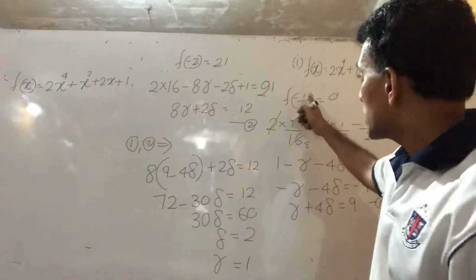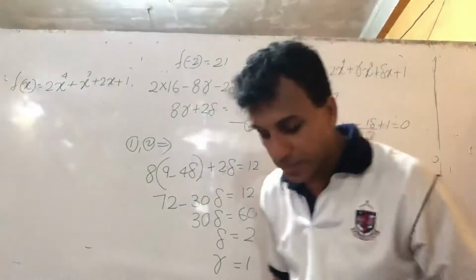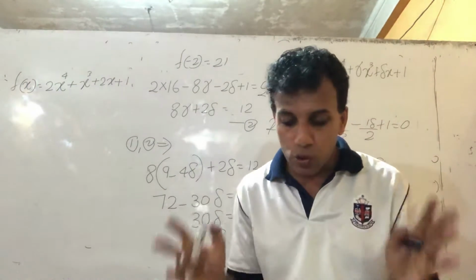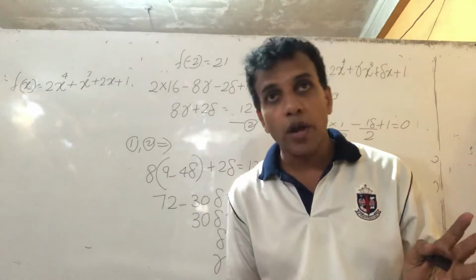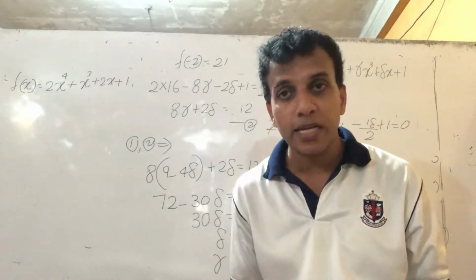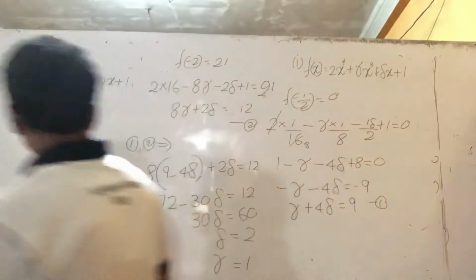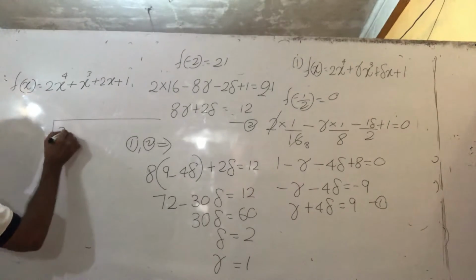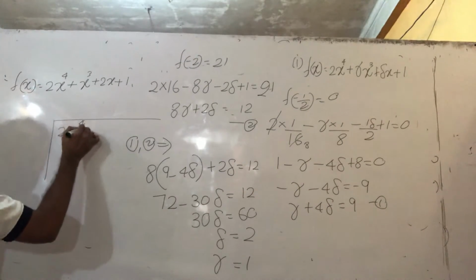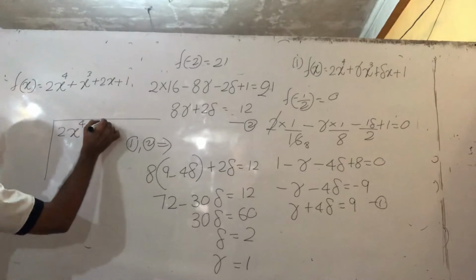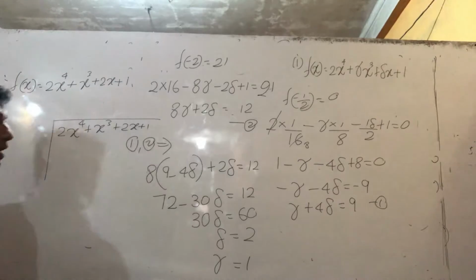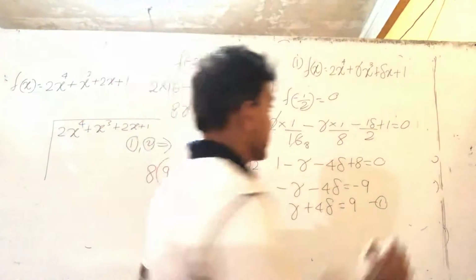So they said x plus half is a factor. So by the long division method, we can find the other factors, or factorize completely the given f(x). So can I divide therefore 2x power 4 plus x cube plus 2x plus 1? x plus half is a factor.